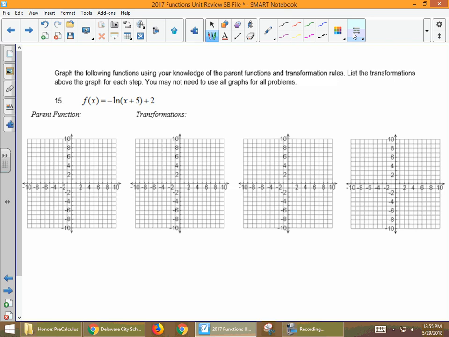Okay, so this first one, negative ln of x plus 5 plus 2. So we're going to list the transformations for each step as well. So our parent function is ln of x, and we have 3 transformations. The negative out front is a reflection over the x-axis.